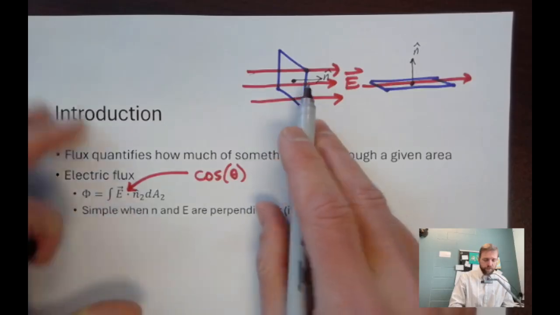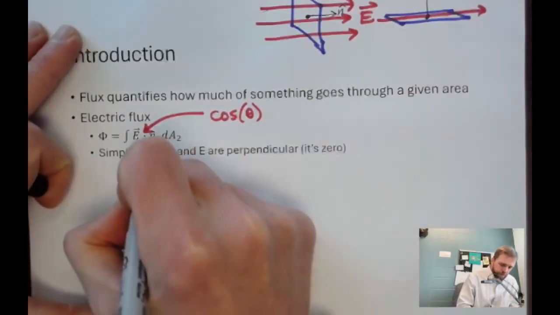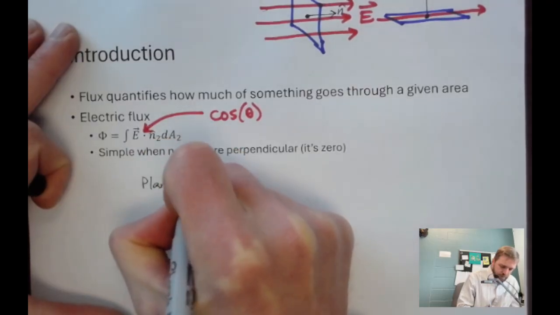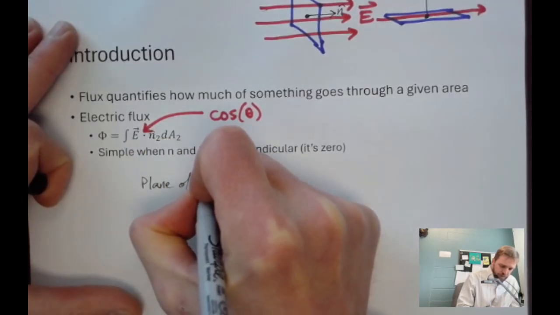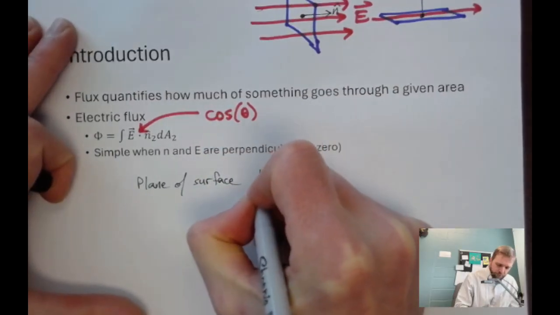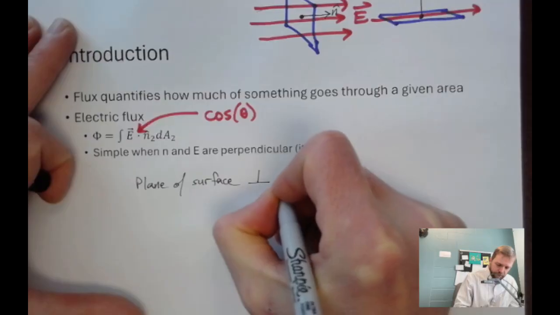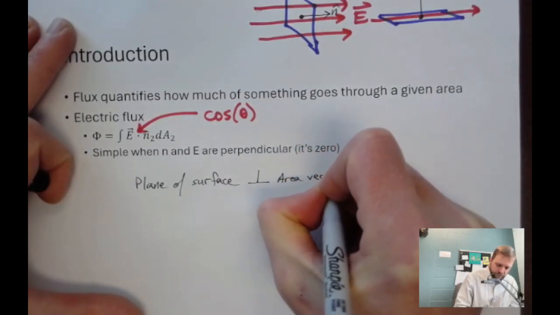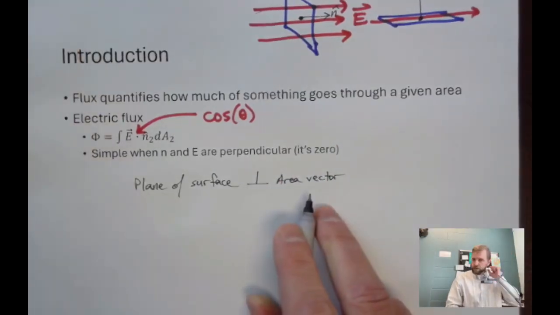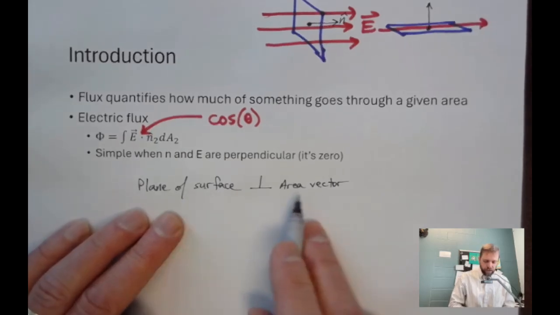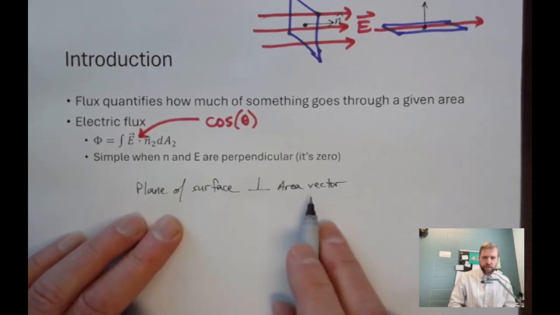Okay, so let's make sure that we understand that. The plane of the surface is perpendicular to the area vector. So make sure that you're paying attention to what angles and everything that's being illustrated in the problem.